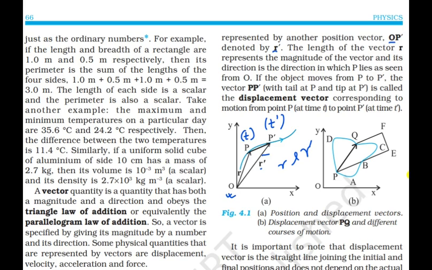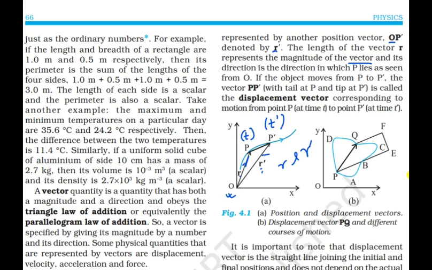The length of the vector R represents the magnitude of the vector. Here we can easily see that the length of R is less compared to the length of R dash. That means the position of P from the origin is closer compared to the position of P dash, right?